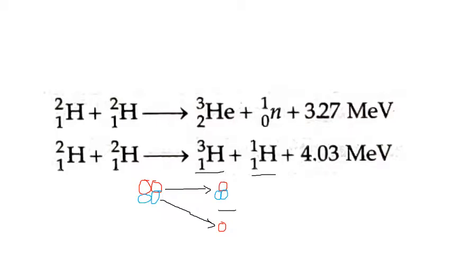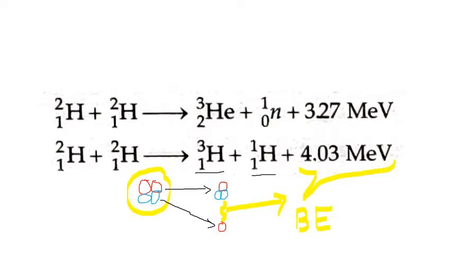Tritium having one proton and two neutrons, and a hydrogen having one proton. So do you notice one of the protons is broken, isn't it? So if this proton is broken from the original nuclei, what happens to its binding energy? The energy with which it was bound inside the nucleus of the heavy nuclei, this extra energy is being released during the nuclear fusion reaction, and this extra energy release is the binding energy.